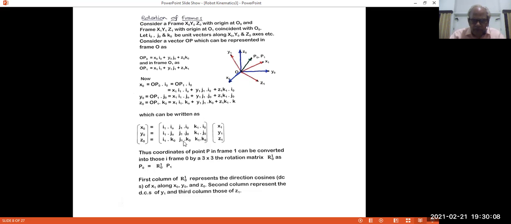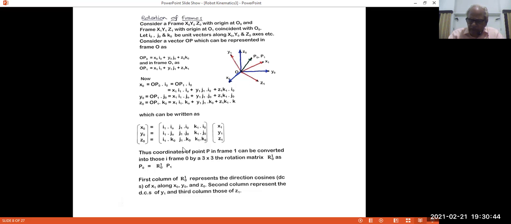Well, these three equations together can be written in matrix form in this fashion, where we are relating x1, y1, z1, the coordinates of a point P expressed in frame 1, to those expressed in frame 0. This is called the rotation matrix. As you see, the first column of this matrix is nothing but the direction cosines of i1, that is, the unit vector along x1, along x0, y0, z0.